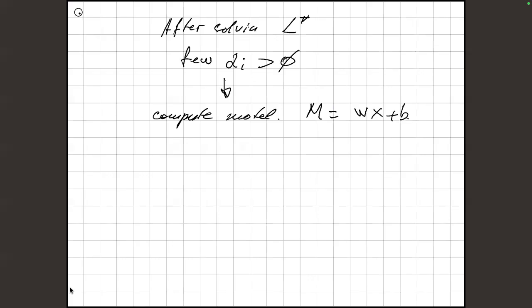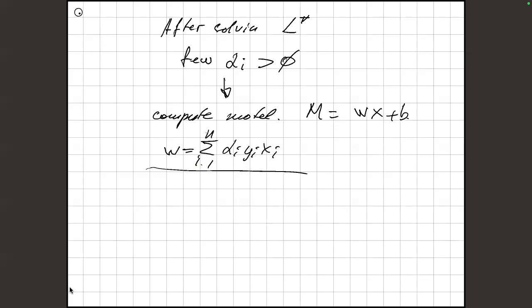With alphas, we just obtain coefficients. But when we convert it to the dual problem, our W is the sum, for i from 1 to M, of alpha i, yi, xi.